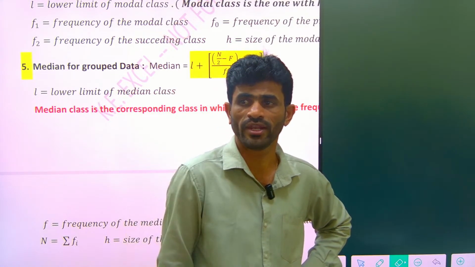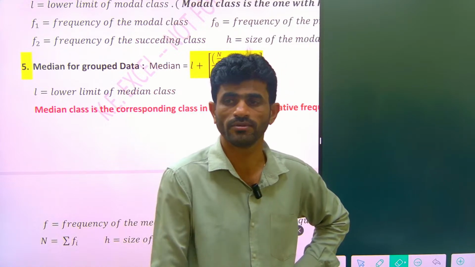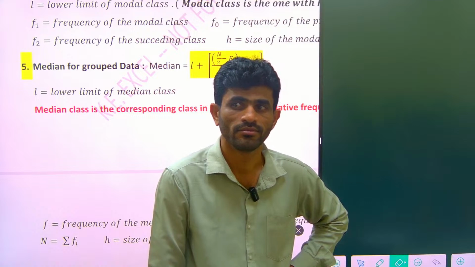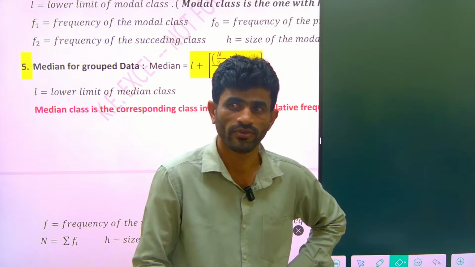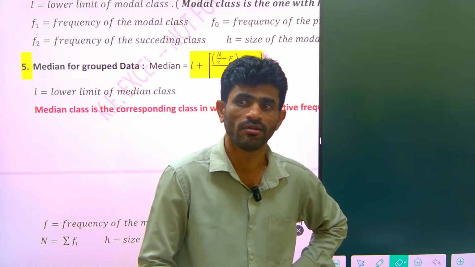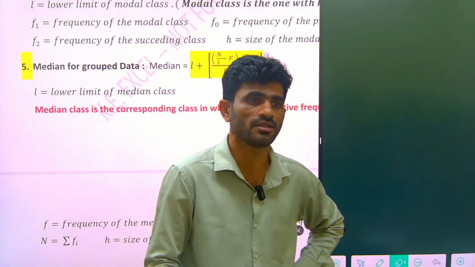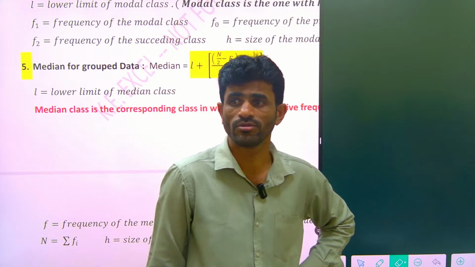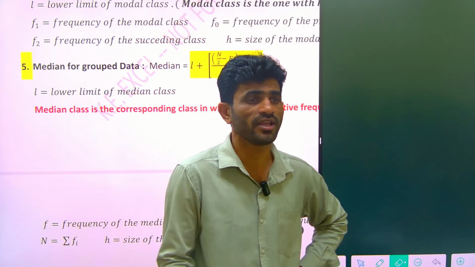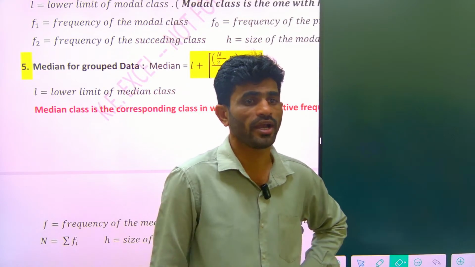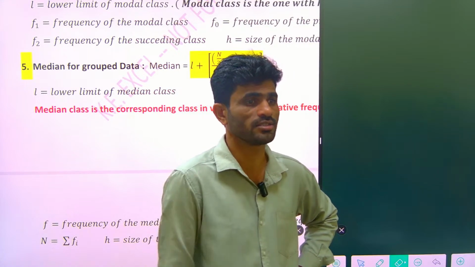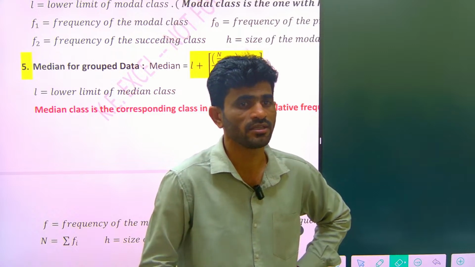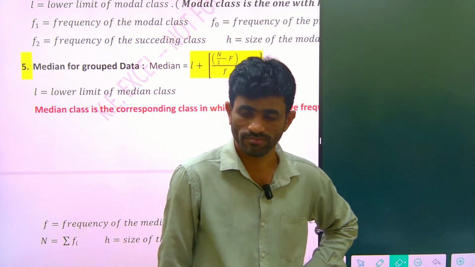Which is F1? From where do we take F1? The frequency which is highest, nothing but the frequency of the modal class, that you have to say. How do you identify F1? F1 is the frequency, the highest frequency, of the modal class. The class which contains the highest frequency is the modal class. Its frequency we take as F1. How do you take F0?